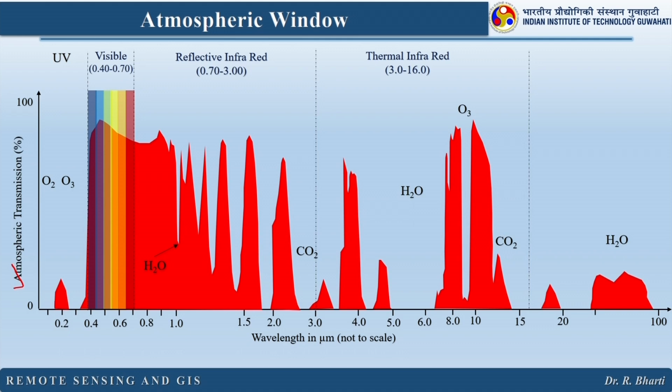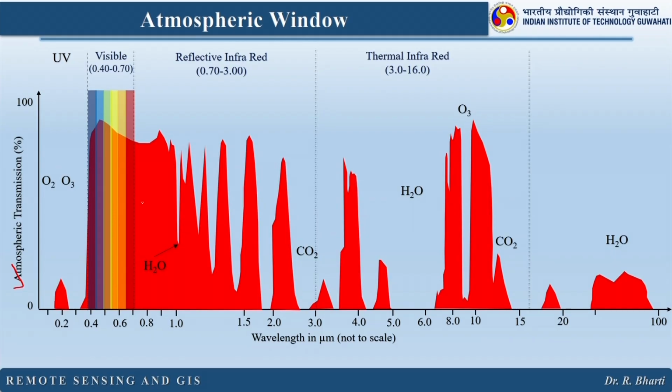These wavelengths are allowed through our atmosphere to reach our surface, and then it can travel back to the space. So there is no hindrance in our atmosphere for these wavelengths, but not all the wavelengths are completely free from absorption and scattering.